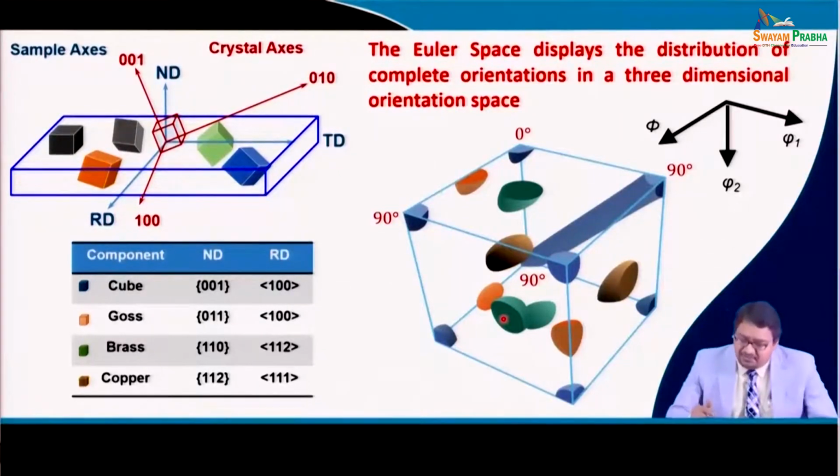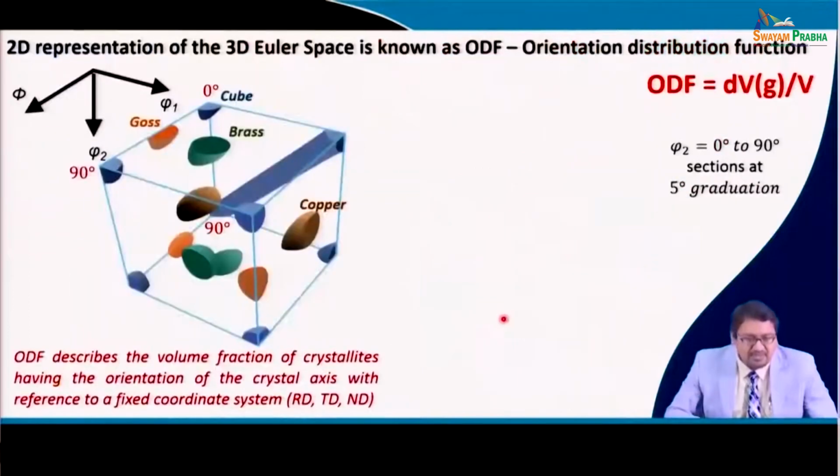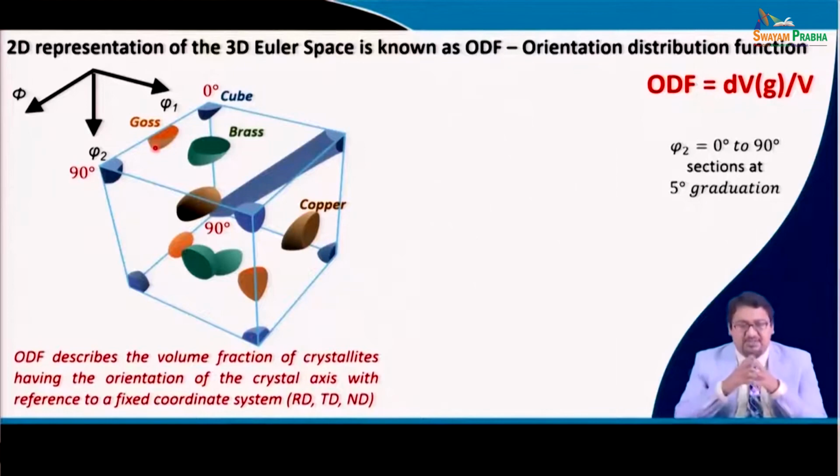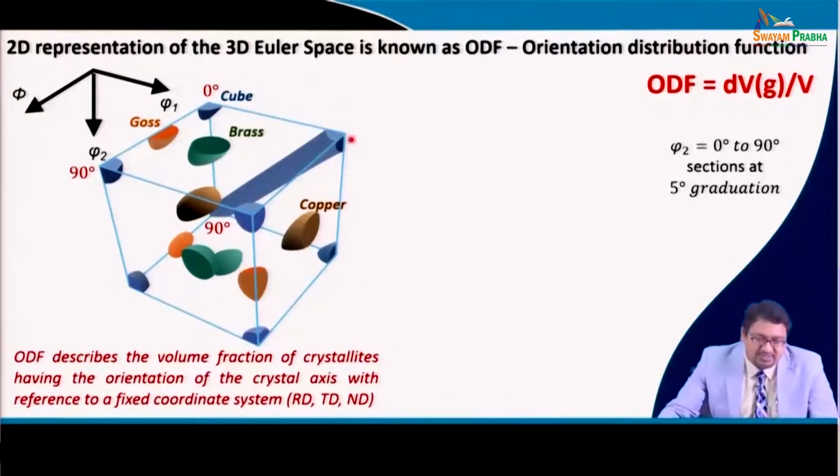So, what we do is that we take this Euler space and we represent this 3D Euler space into a 2D representation, and this 2D representation is known as ODF or orientation distribution function. So, what we do is we take this Euler space and most of the time we slice it like a bread along phi 2.